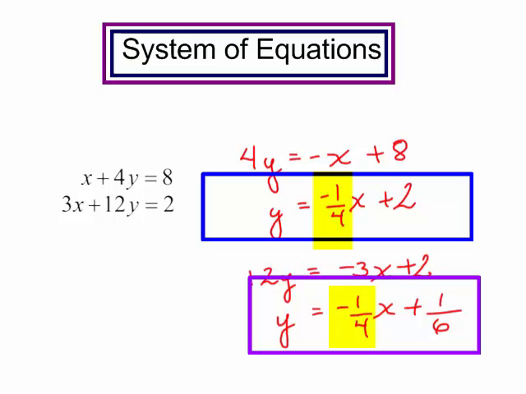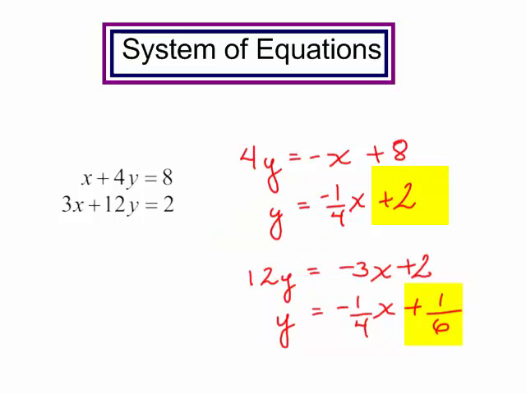Once again, that means that these must be parallel lines, which means they would have nothing in common, no solution. Or either they're the same line. How do I know that they are not the same line? Well, they have different y-intercepts. One will cross the y-axis at 2. The other one will cross the y-axis at 1/6.